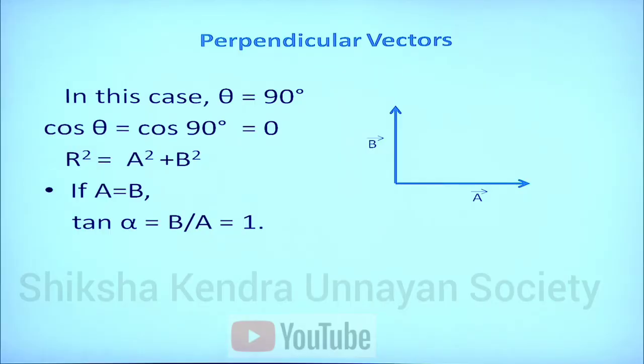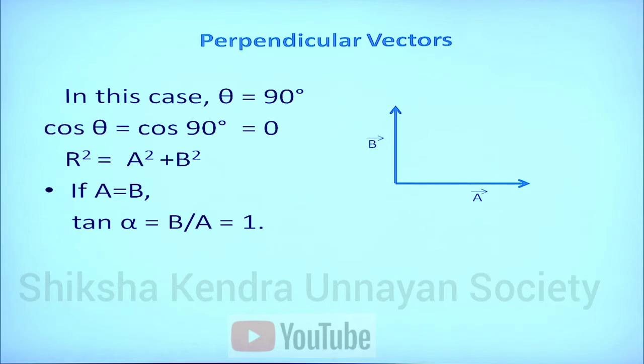In case of perpendicular vectors, the angle between the two vectors will be 90 degree. That means theta equal to 90 degree. As you can see in the figure, here are two vectors A and B and the angle between them is 90 degree. So, if you put in R equal to root over A square plus B square plus 2AB cos theta, theta equal to 90 degree, cos theta equal to 0, hence R square equal to A square plus B square.